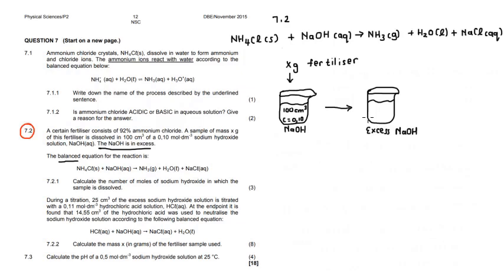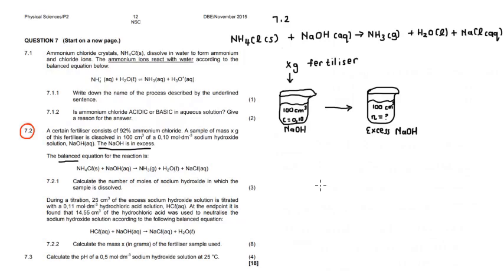So we still have some number of moles of sodium hydroxide in here, and that's the number of moles of sodium hydroxide that are in excess. Notice that the volume won't change. It's still going to be 100 centimeters cubed.